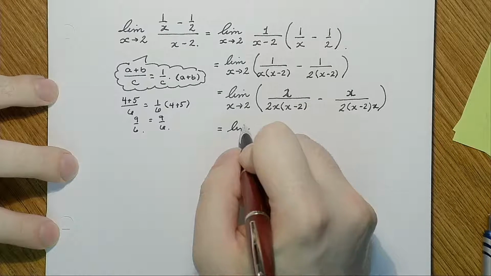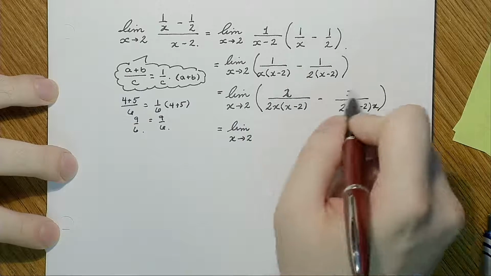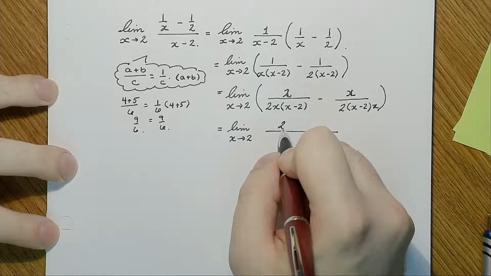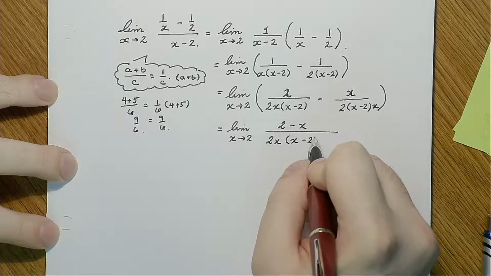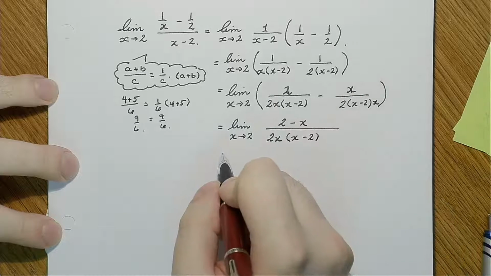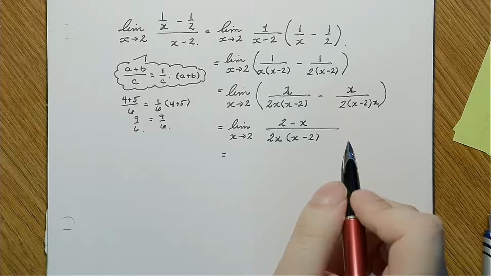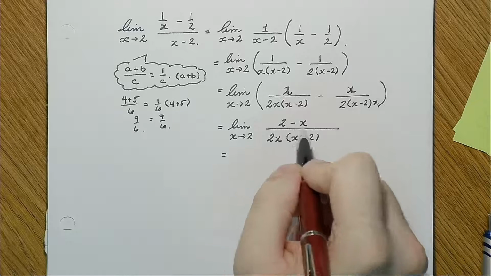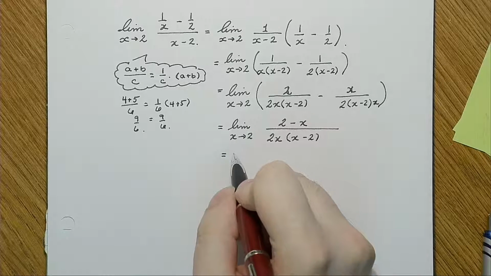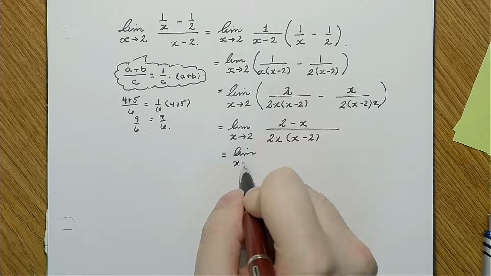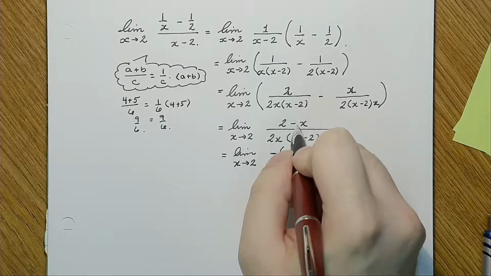So because I have a common denominator, I can write this numerator up top here the same. So I got 2 minus x, and I have 2x times x minus 2. Okay, I still can't simplify anything. Oh, but we do. And the reason for that is I have some term up here. I have 2 minus x, and I have an x minus 2. So again, what we're going to do now is factor out a minus. So I have that negative x.